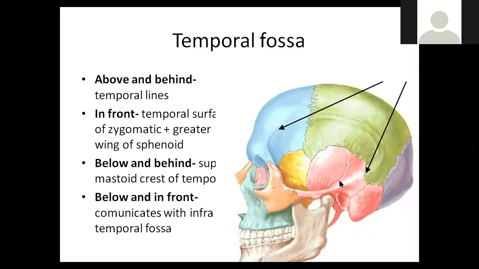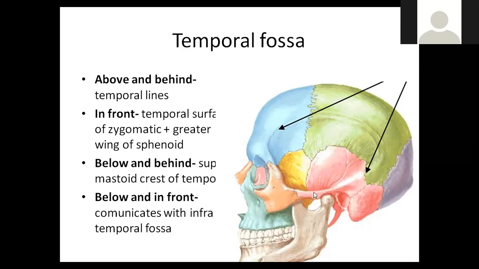Below is this, right? So below and behind, what are the bones we have? See, the superior mastoid crest would be this, the one in green color, the superior mastoid crest of temporal bone. This is below and behind.